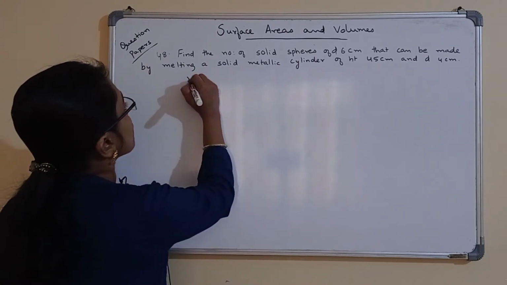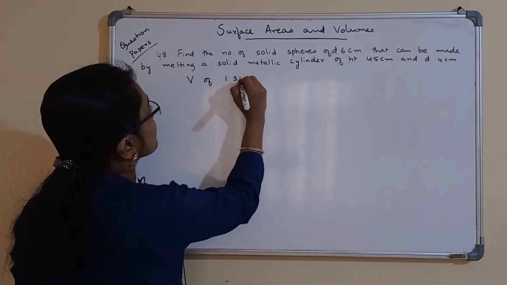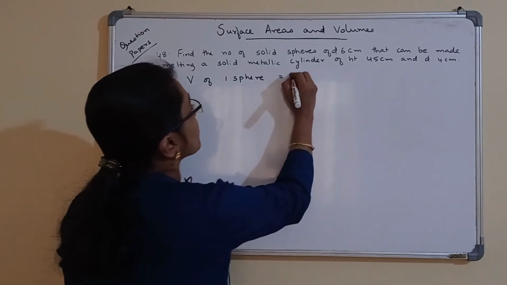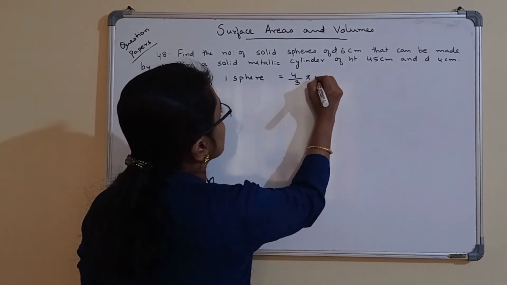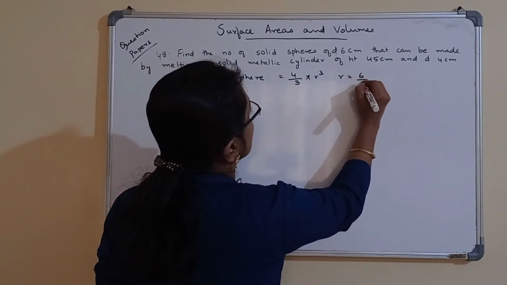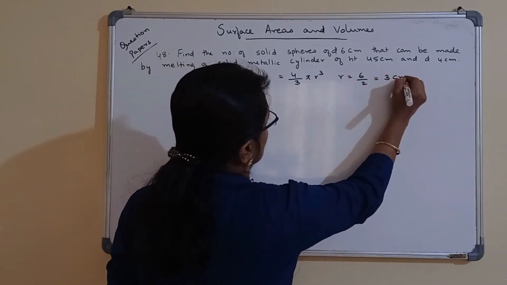So volume of one sphere is equal to 4 by 3 pi r cube, right? And r is equal to 6 by 2, which is equal to 3 centimeter.